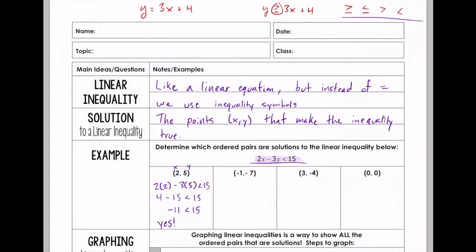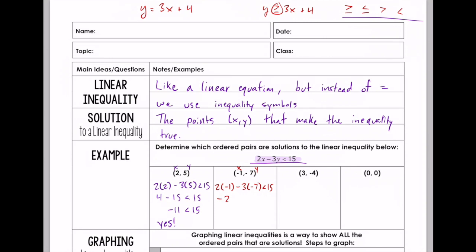Let's try another one. This time x is negative 1 and y is negative 7. So we're going to plug those values into our inequality. So 2 times negative 1 minus 3 times negative 7 is less than 15. 2 times negative 1, well, that's negative 2.